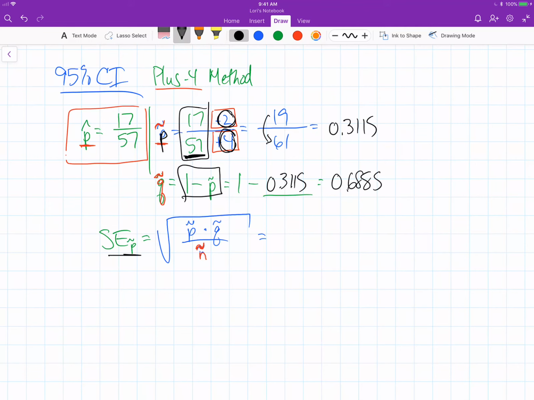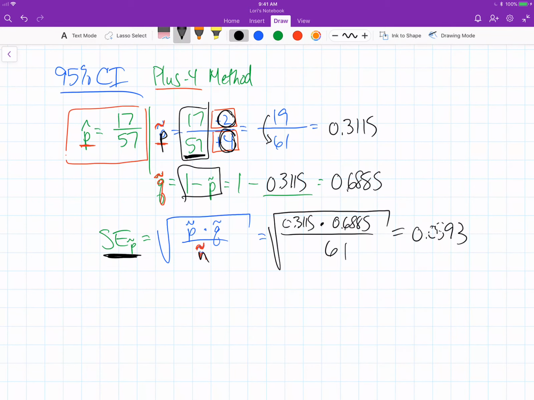My new standard error is going to be equal to the square root of 0.3115 times 0.6885 divided by my new n, which is 61, and I end up with a standard error of 0.0593. That's not good. Let's draw that again. 0.0593. That's better. Somehow my pen was skipping.